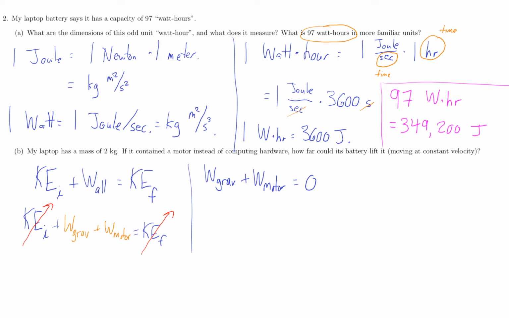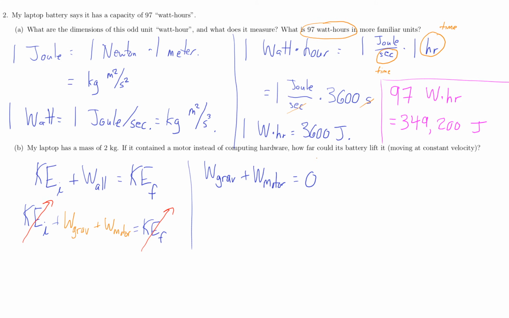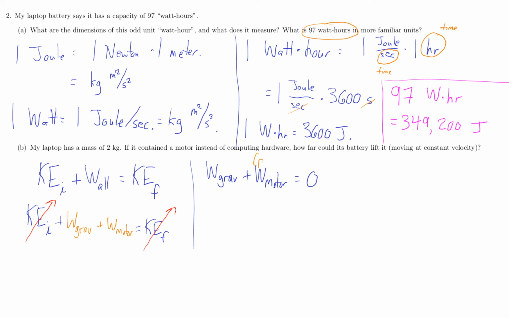Gravity is doing negative work. So the work done by the motor should be positive. The work done by gravity we expect to be negative.